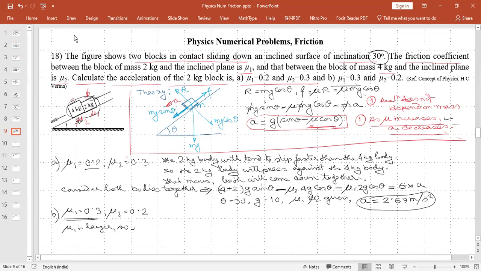That means they will come down separately.